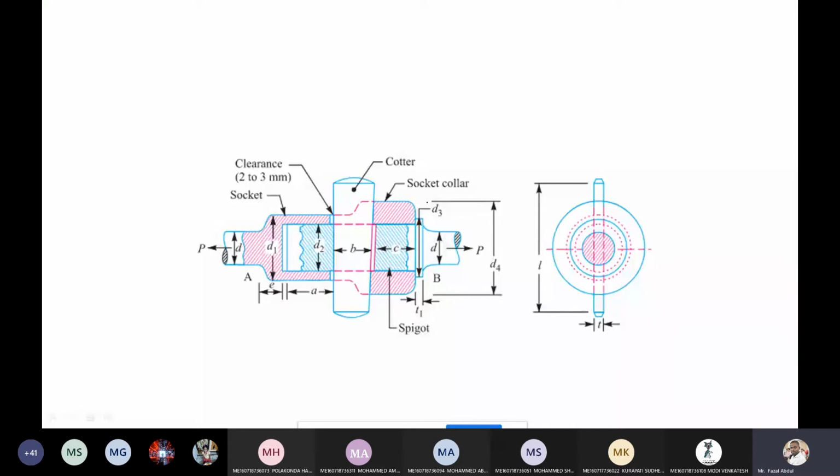The length of the quarter L may be taken as 4D. You have to remember the values of these empirical relations.